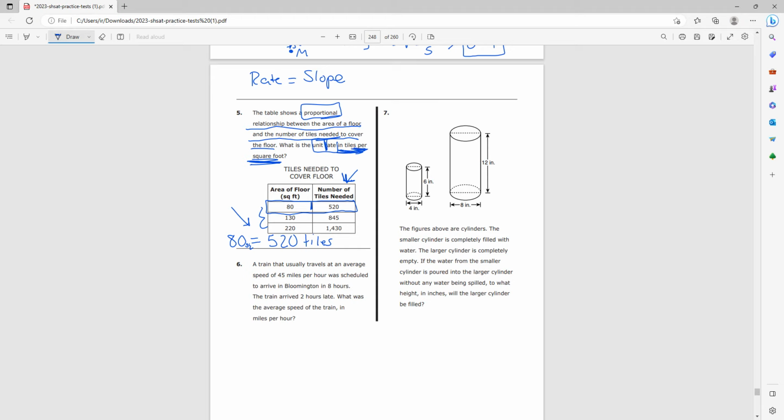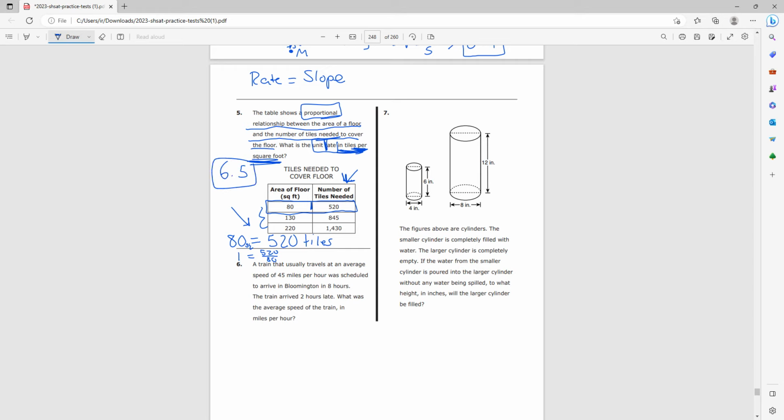So it's asking us 1 square foot is equal to how many tiles, right? So in reality, we're dividing this whole thing by 80. So 520 over 80, and we're solving for the amount of tiles needed to cover 1 square foot. Once you divide 520 by 80, you're going to get 6.5.